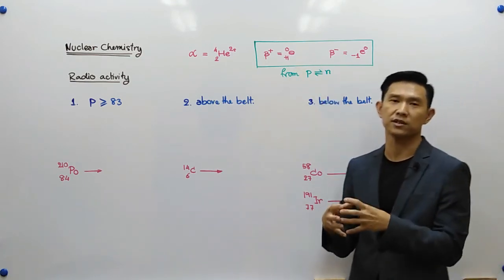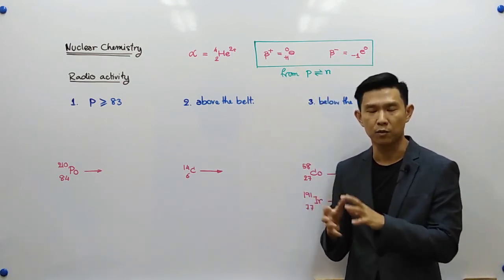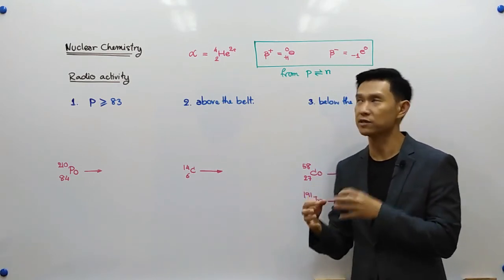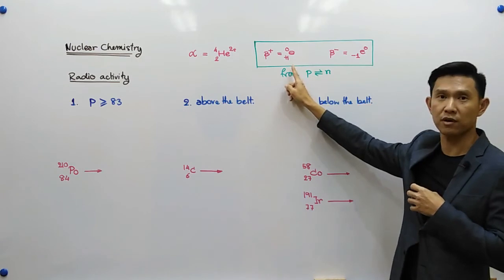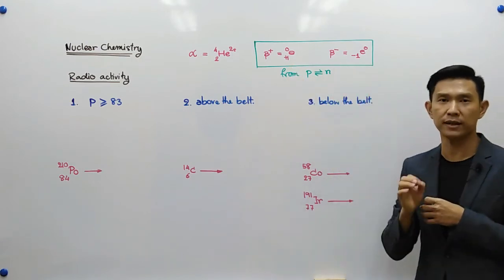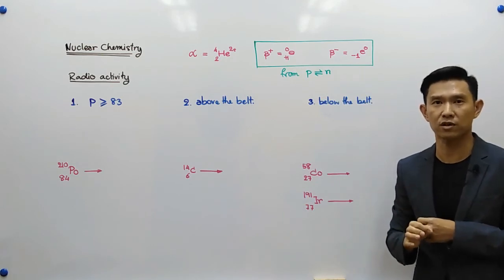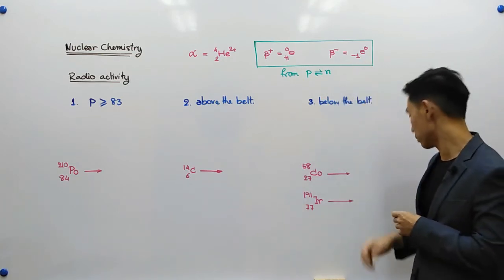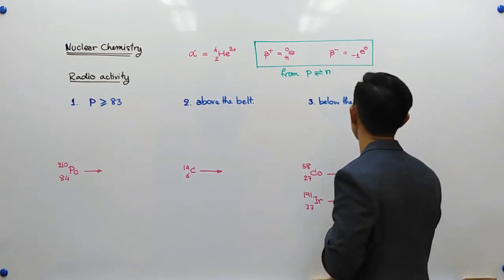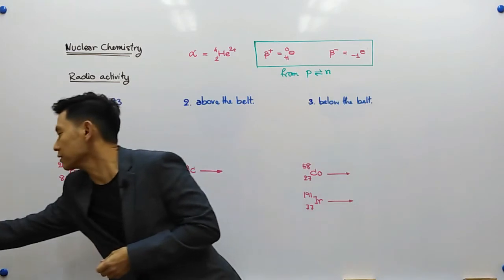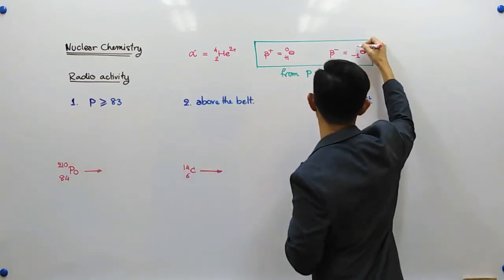If the nucleus is unstable and releases beta plus, that means your nucleus releases a positron. Another kind of radiation is beta minus, the beta radiation with negative charge. This is actually the electron. Oops, I put it in the wrong way. Zero is the mass number of the electron, so I shall put it here.